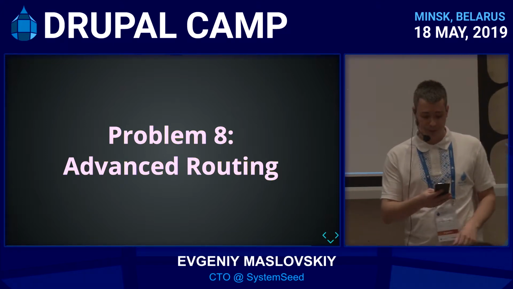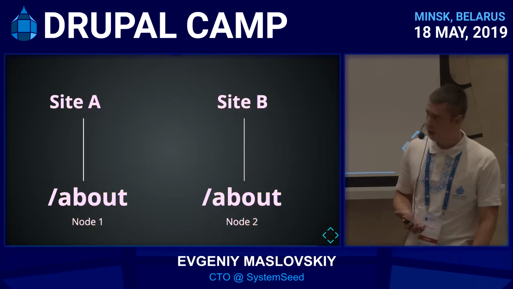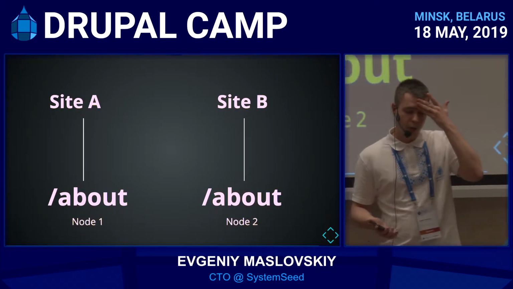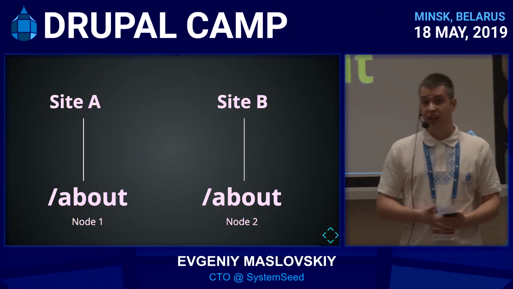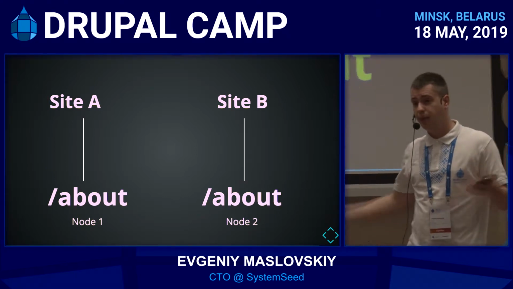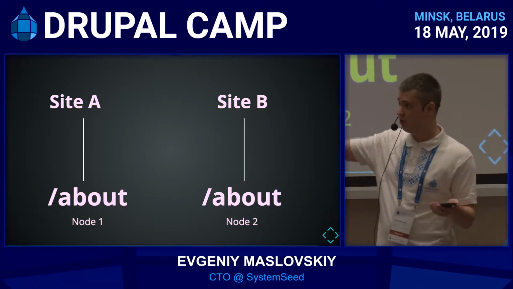Next hard problem, which is advanced routing. Again, think about this scenario. Like Kate said, what we are doing with our current front-end applications, they just throw whatever URL they get into the backend and ask, hey, backend, do you have the content on this URL?